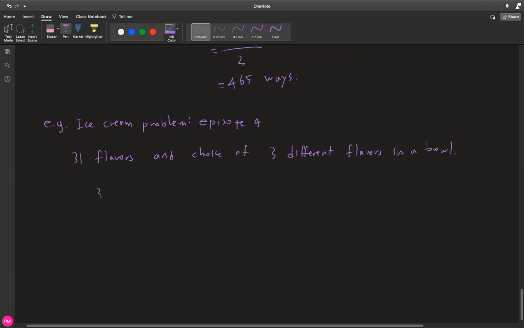So naturally we have 31 multiplied by 30 multiplied by 29, which is 26,970 different choices. But we know that this is not correct.